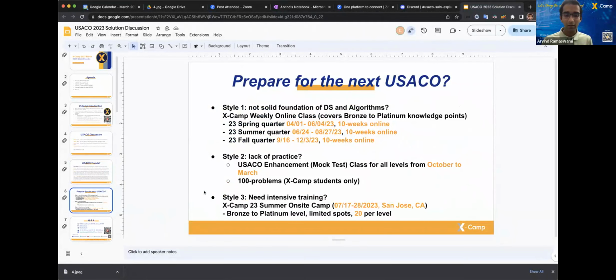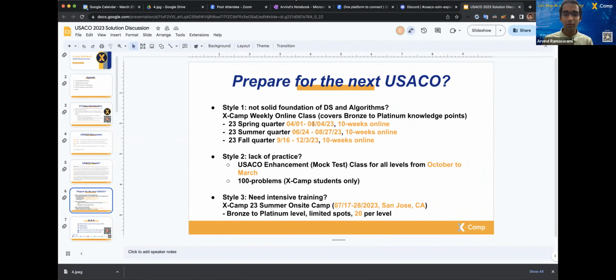And then here are the plans for what's next in XCamp. One option is we have this quarter system. We're going to start the spring quarter in April for 10 weeks.